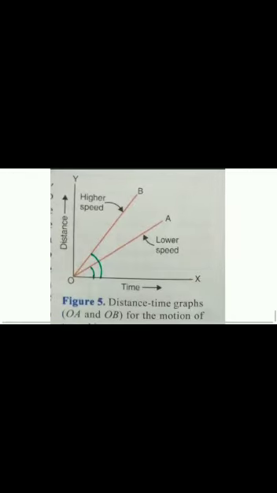This is again a different example. Distance time graph OA and OB for the motion of two objects. Here there are two objects, or suppose there are two cars, OA and OB.